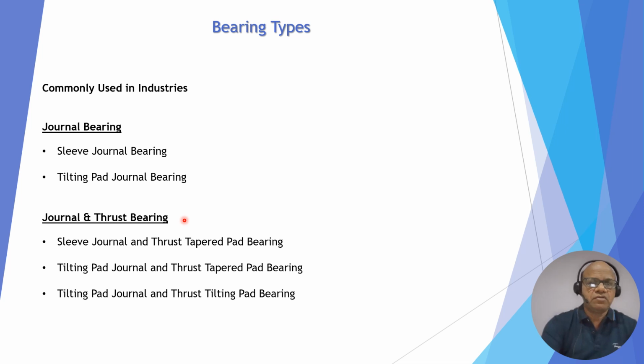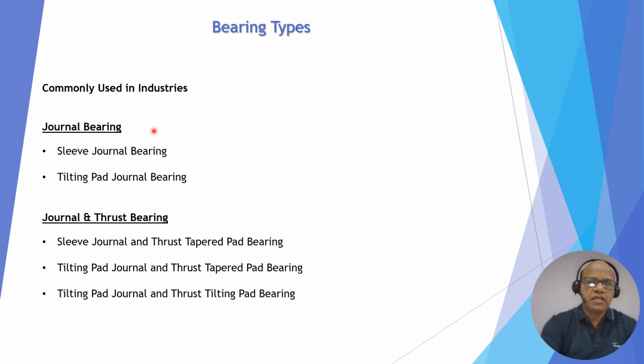In the case of a combination of journal and thrust bearing, we have a sleeve journal bearing with a thrust tapered pad bearing, then a tilting pad journal bearing with a thrust tapered pad bearing, and then a tilting pad journal bearing with a thrust tilting pad bearing.